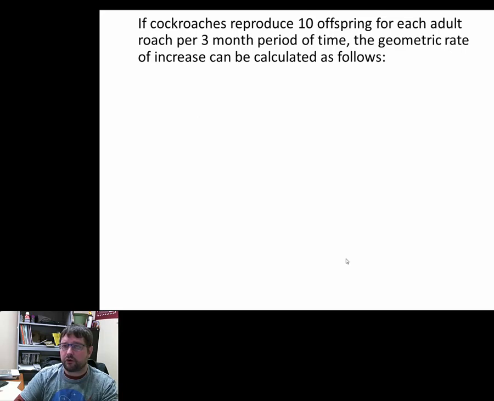If you start with, say, a pair of cockroaches, so you got 2 cockroaches, and that female cockroach can reproduce 10 offspring every 3 months, we can calculate how many offspring 2 cockroaches can reproduce in 1 year.